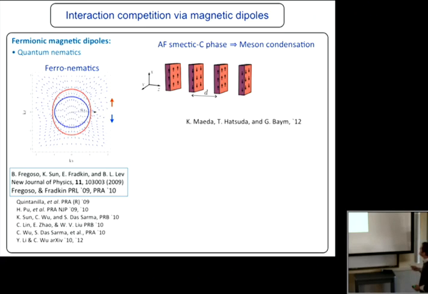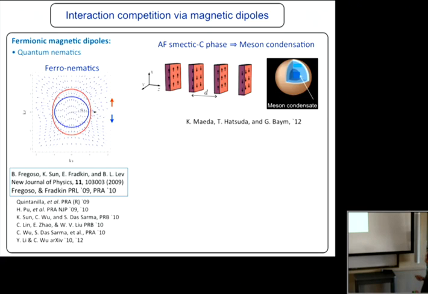So one in particular is a neat state that is an antiferromagnetic smectic C phase that has analogies to meson condensation in neutron stars, which is actually where quantum liquid crystals were born 20 years ago, thinking about spaghetti states of neutron stars. So now we've come full circle and back to thinking about analogs of those.